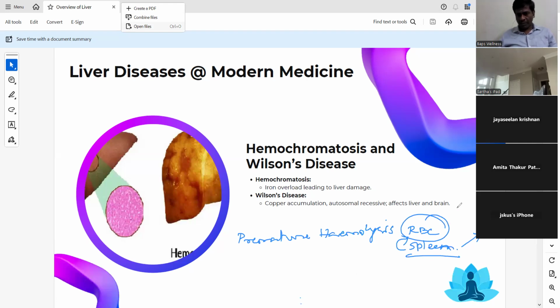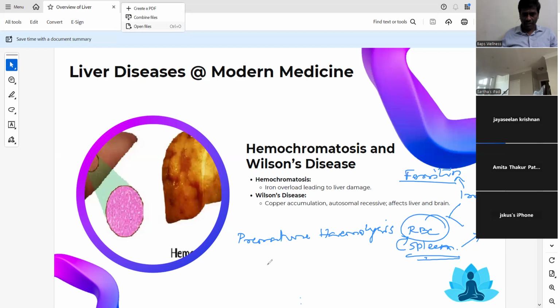When the RBCs are broken, iron is released. So, these patients will have excess ferritin. If you check the blood, serum ferritin will be very, very high, depending upon the frequency of blood transfusion and also the size of the spleen. So, both are very common in thalassemia patients.